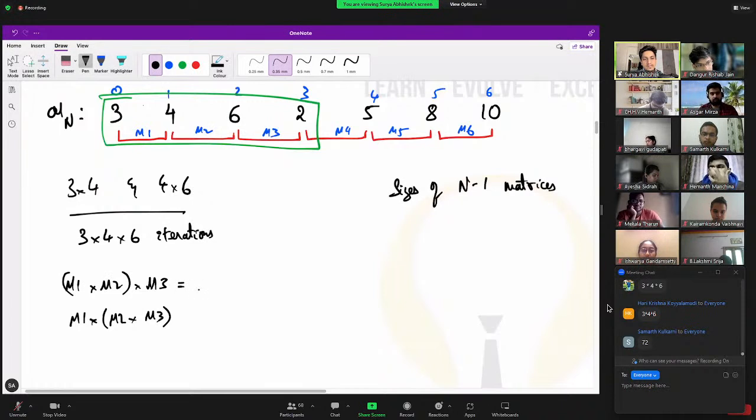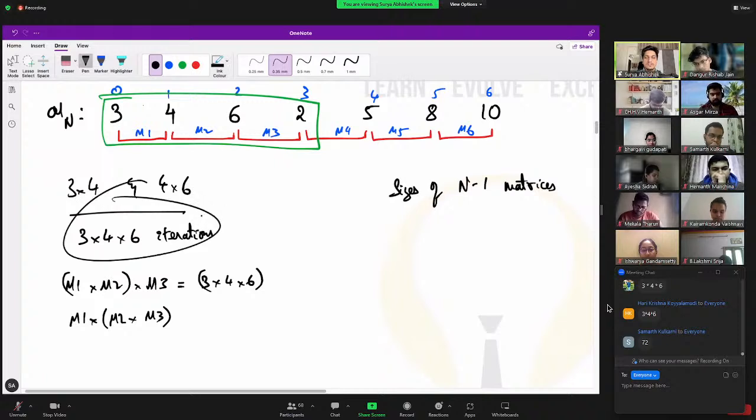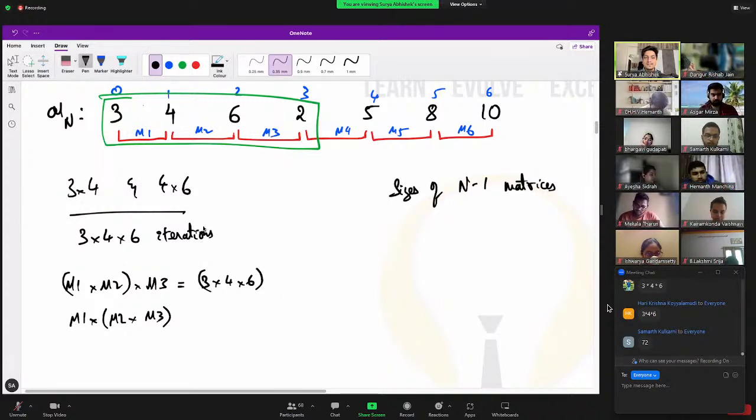If I go with the first approach, then it will take me 3 into 4 into 6 iterations to compute M1 into M2. I showed you here just above. And the resultant matrix will be 3 cross 6, right?